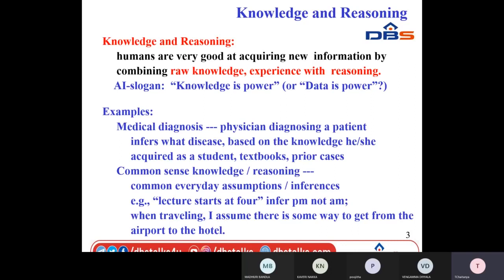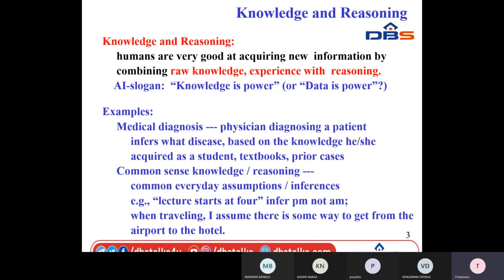Whenever something has to be introduced into society or science, human beings acquire knowledge from the existing one. They take raw data from the existing knowledge, do some research, and find something new for society.